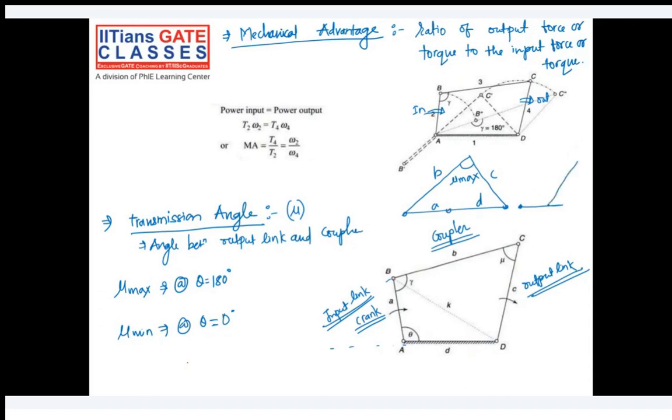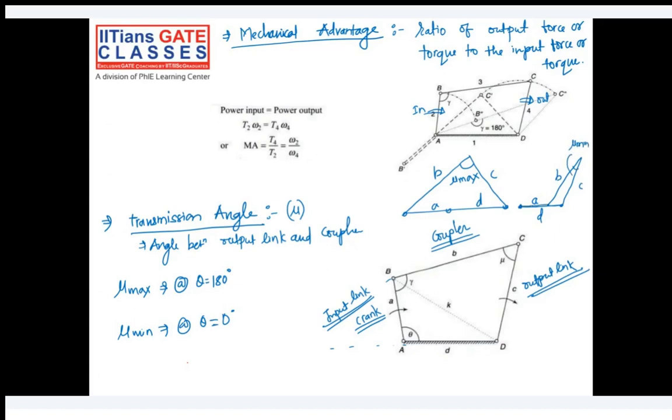Yeah, so in first case we have theta equal to 180 degree, and here theta equal to 0 degree. So basically you are creating two different triangles.